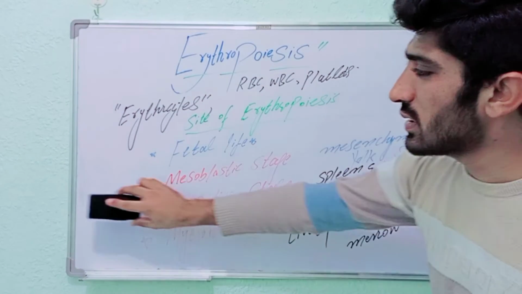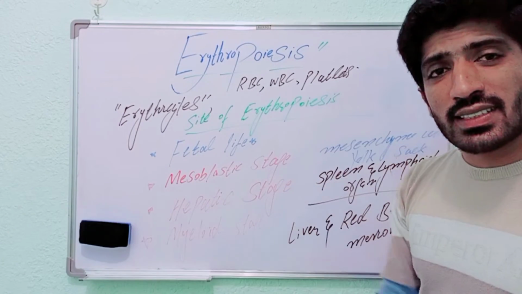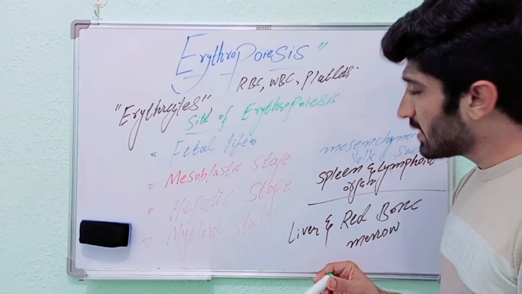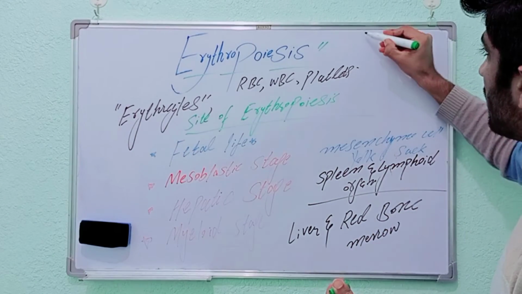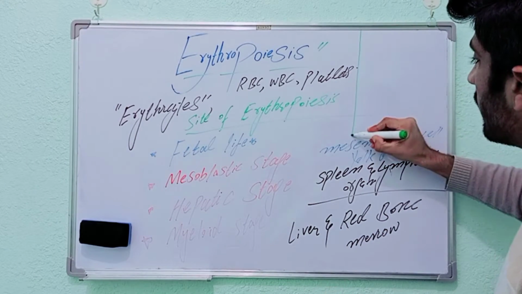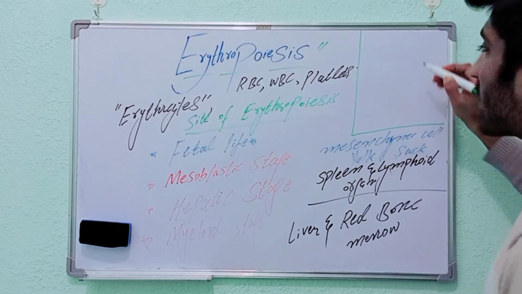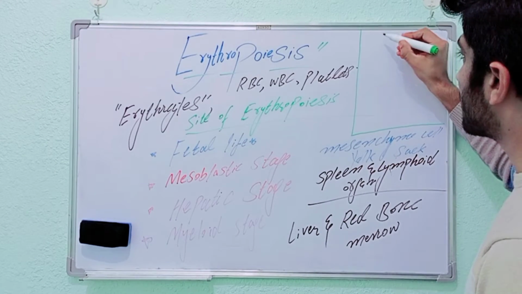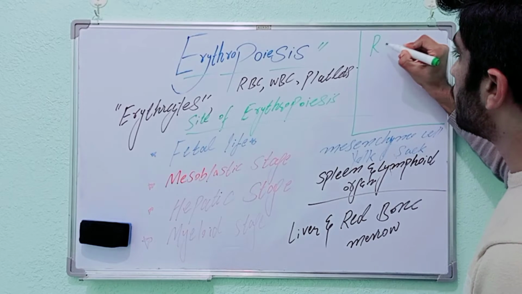In children, newborn babies, and also in adults, the process of erythropoiesis takes place in red bone marrow.